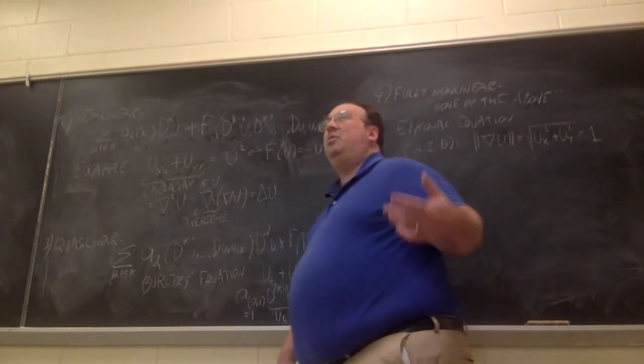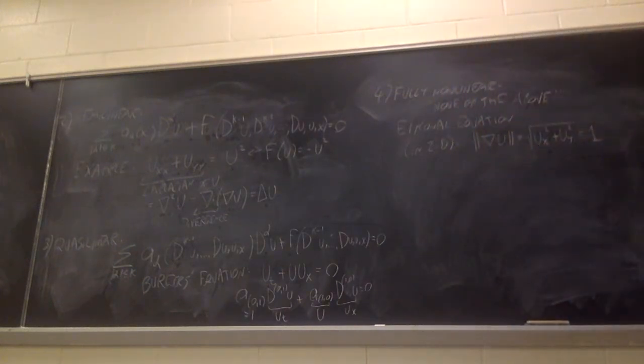It has to be only lower order. But that doesn't happen here. So that's why, even if I square both sides to get rid of the square root, it's not quasi-linear. Okay.